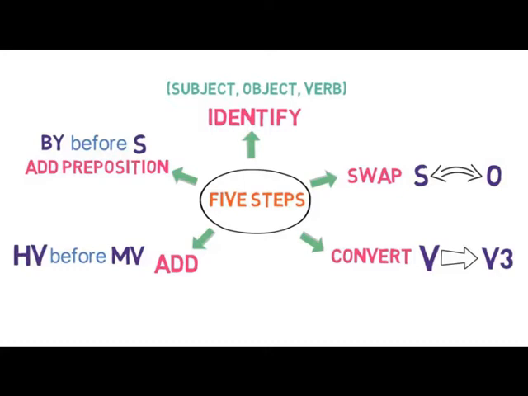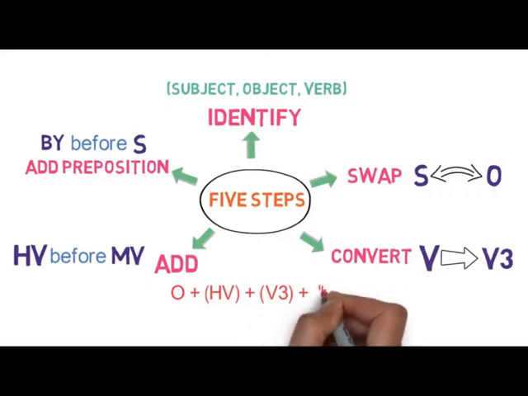So the structure of the passive voice will be object, helping verb, third conjugation of the verb, and finally adding preposition by and the subject.